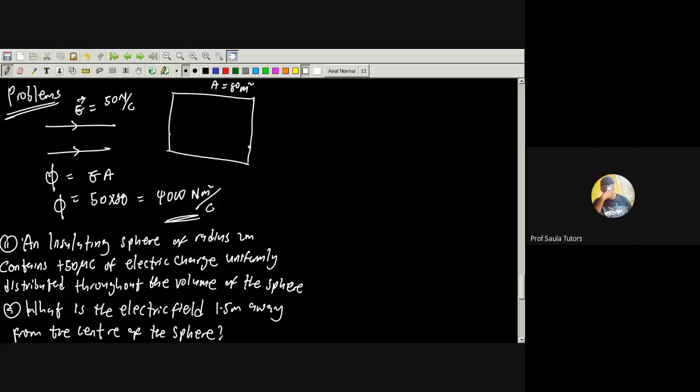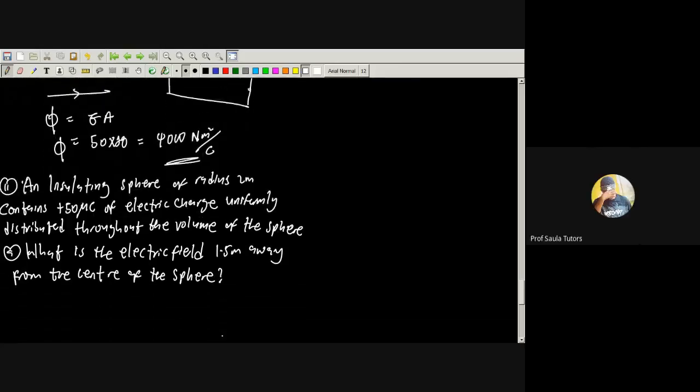The next question, B, they tell you, what is the electric field 3.0 meter away from the center of the sphere.